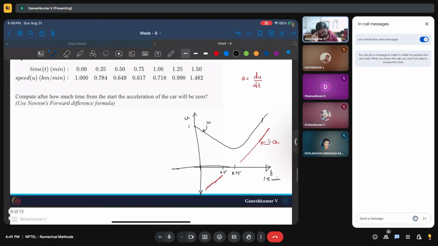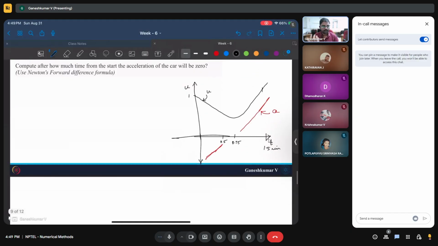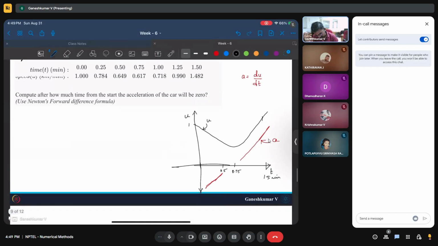Now we have to use Newton's forward difference formula. If you want to use Newton forward difference, you need to construct a forward difference table. Let's quickly construct that.